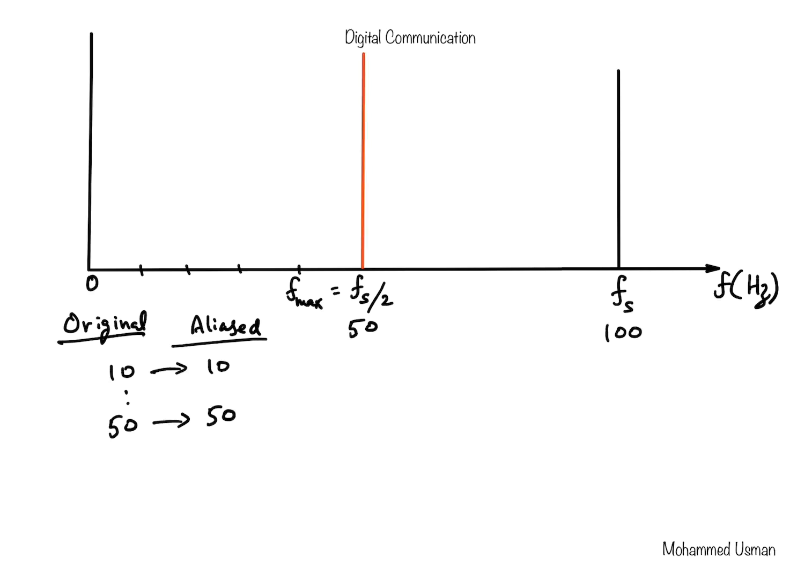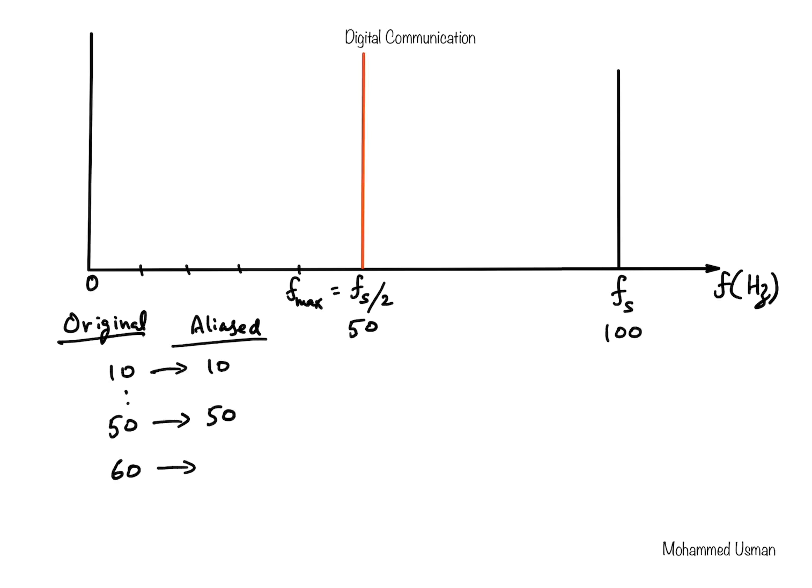Now if we give a signal of 60 hertz as input to this sampling system whose sampling rate is 100 samples per second, what would be the reconstructed frequency of this signal? Would it be aliased or not?